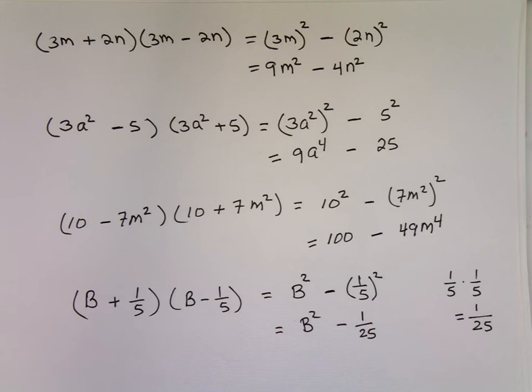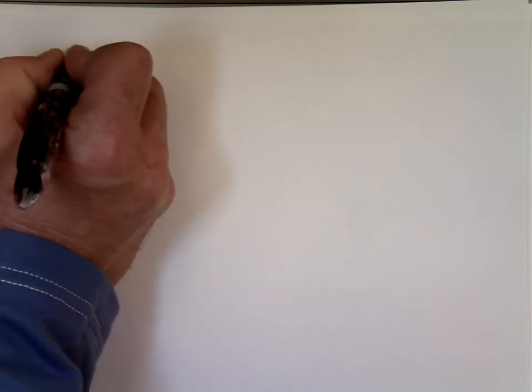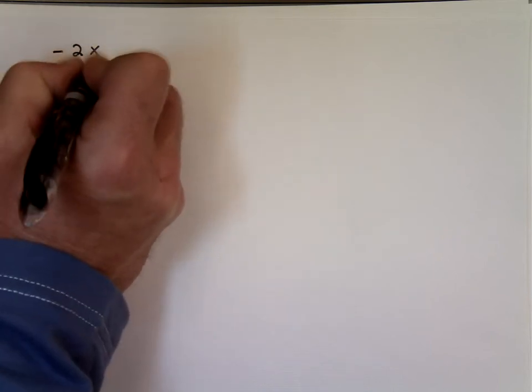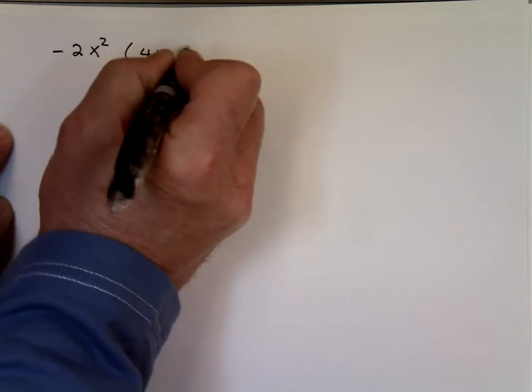One more, I just thought of something else. Then we're done. What happens if you have a problem like this? Let's put some of the stuff we learned today into, well, mix and match here. How about if I have this one, negative 2x squared times 4x minus 3 times 4x plus 3.